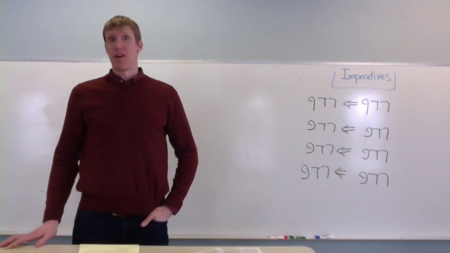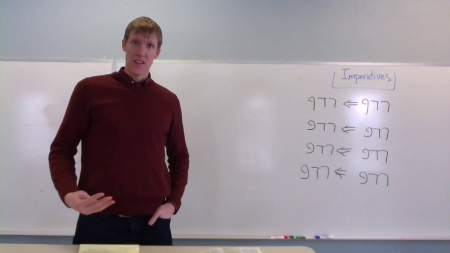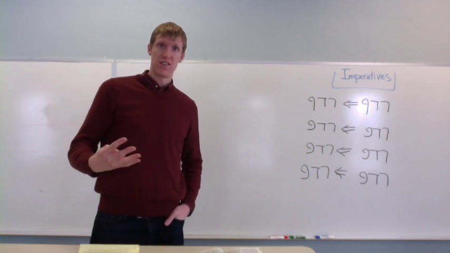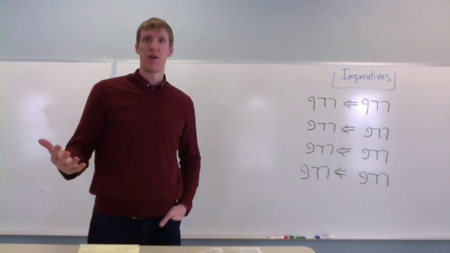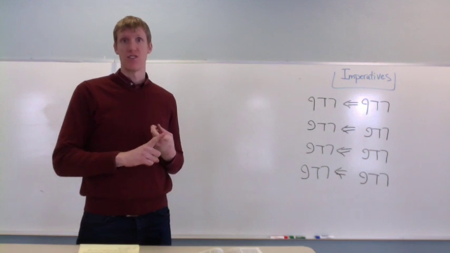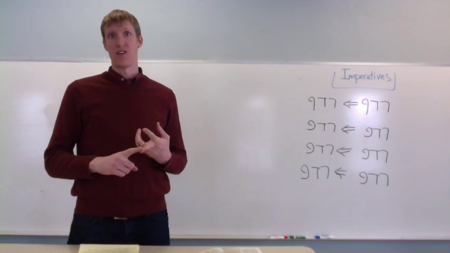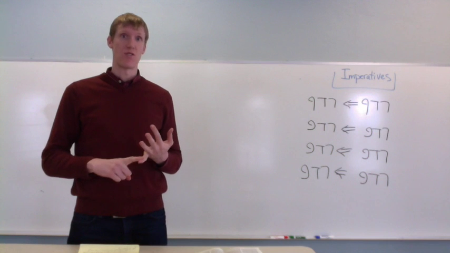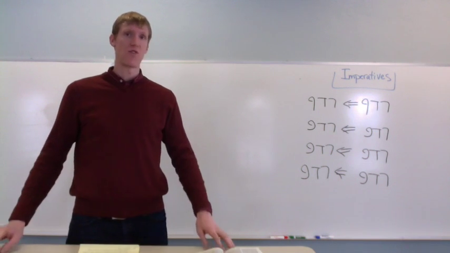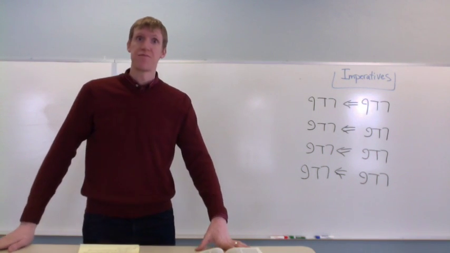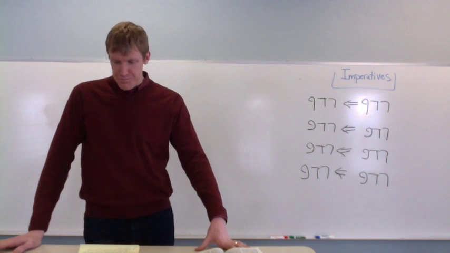The nice thing about that is that there are only then 4 options for imperative forms. It can either be masculine singular, masculine plural, feminine singular, or feminine plural. Those are the only 4 options for the imperative.